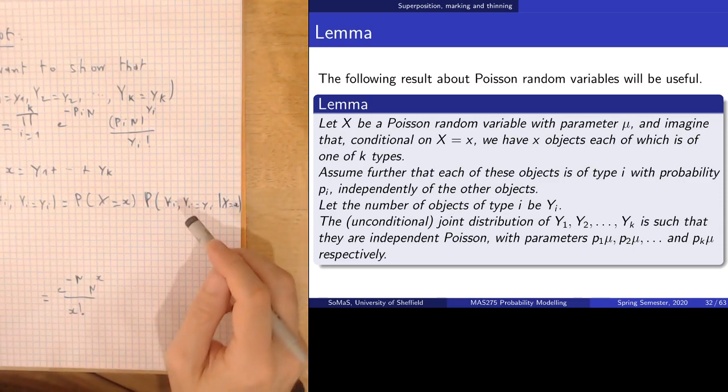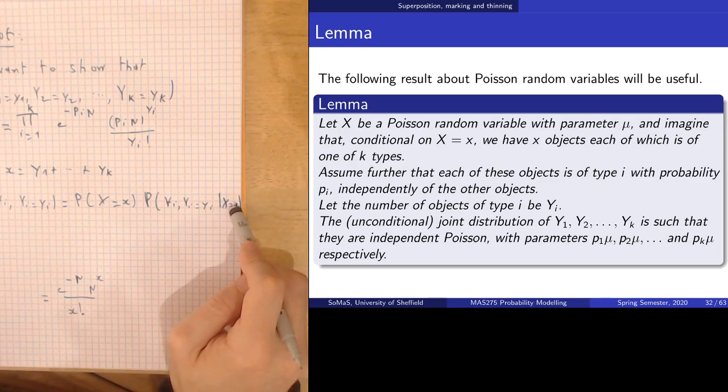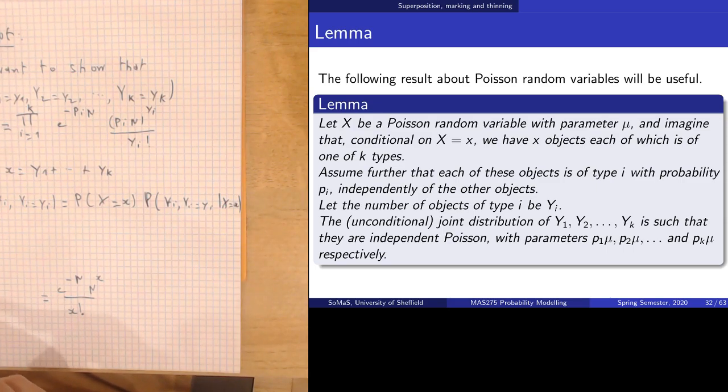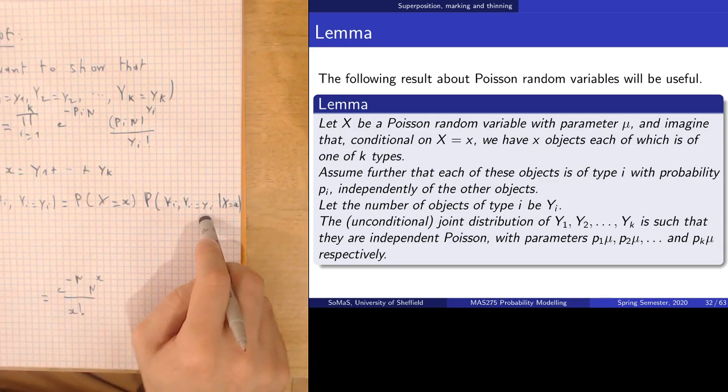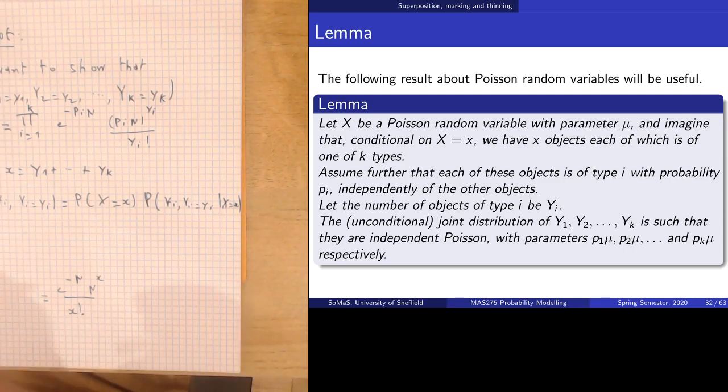Here's my claim. I have my x and I want to split it into k groups. The first group has y1 elements, the second group has y2 elements, the third group has y3 elements, etc., and the kth group has yk elements.